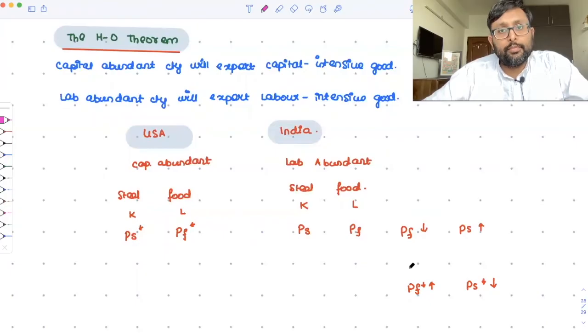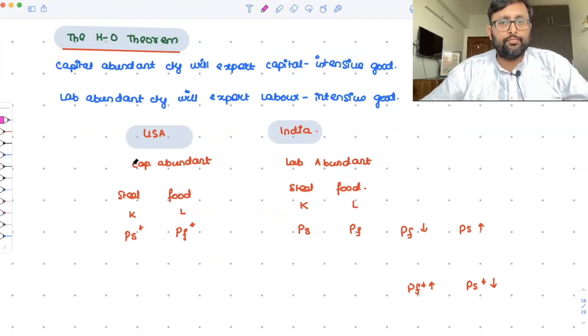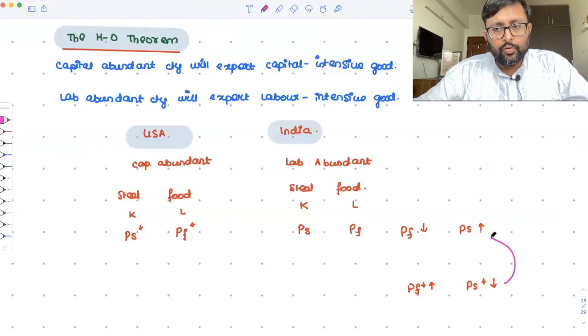Now, after trade, what happens? When trade is allowed, then the firms in the US, which are mostly capital abundant firms producing mainly the capital intensive good, will be searching for the higher price. And when they search for the higher price, they actually move towards the other country.